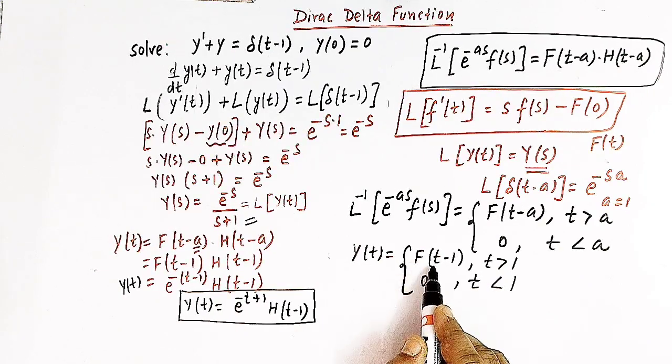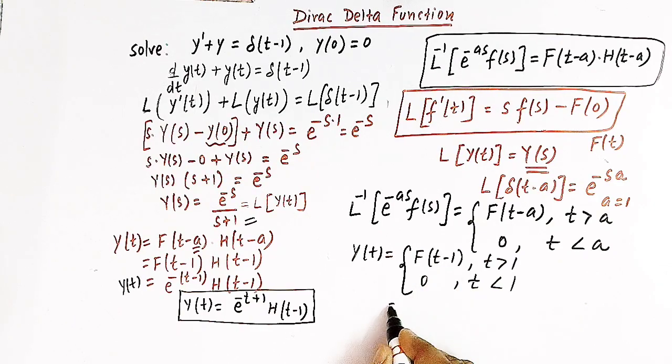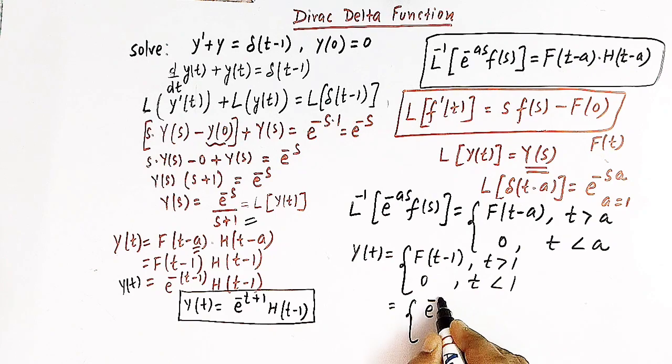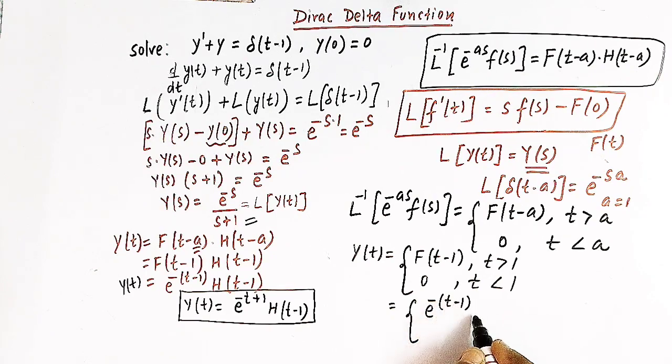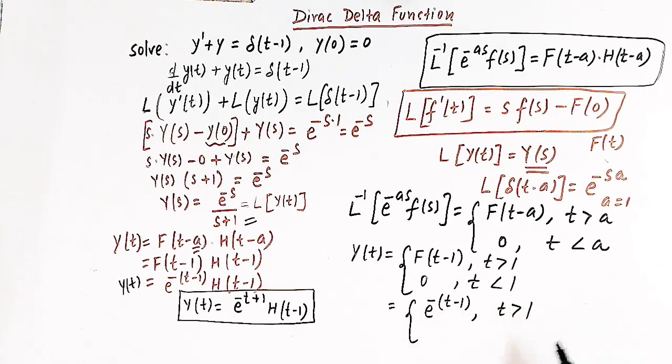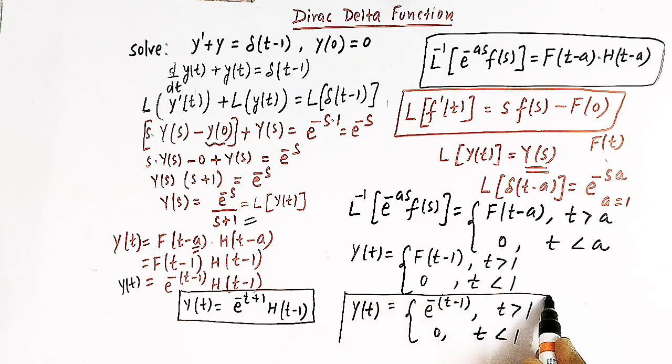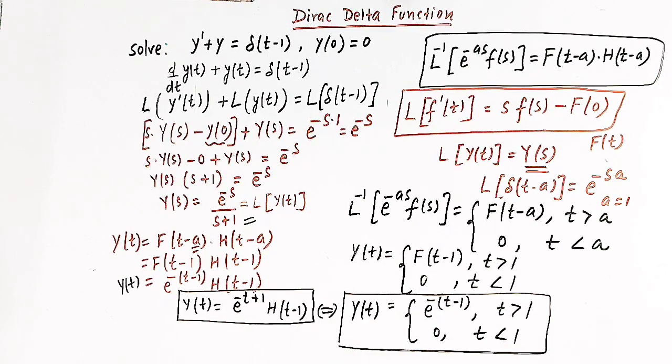And f of t minus 1 can be written as e raised to minus (t minus 1) for t greater than 1, and here we have 0 for t less than 1, right? So both these forms, that is this form and this form, both are equivalent.